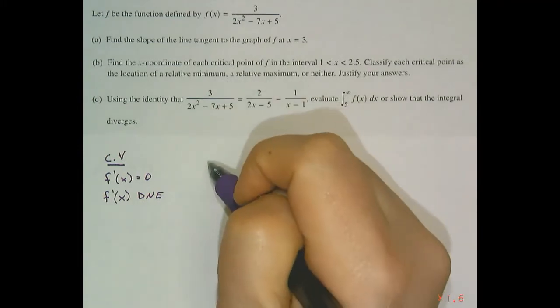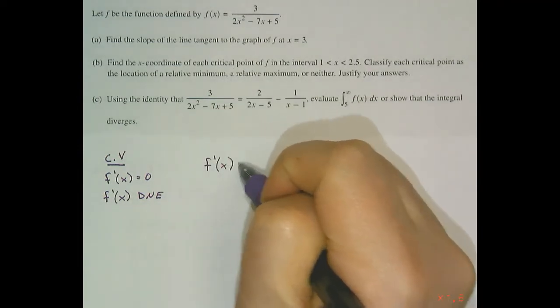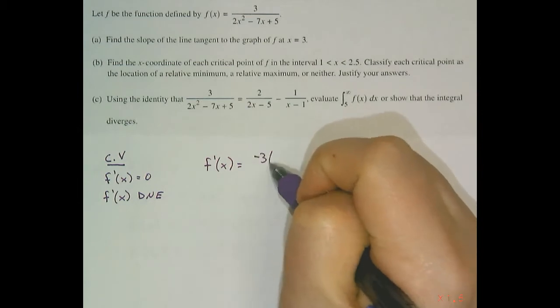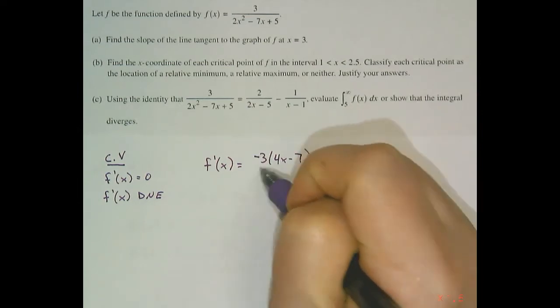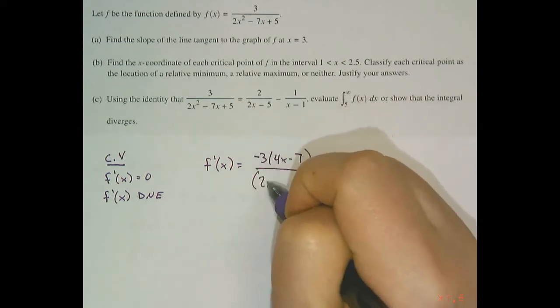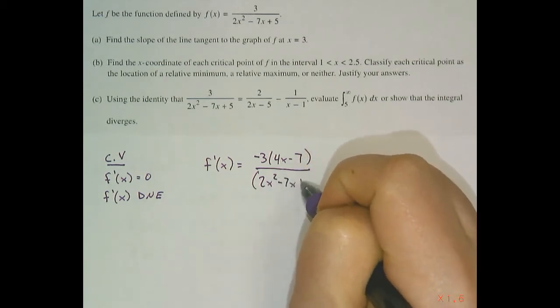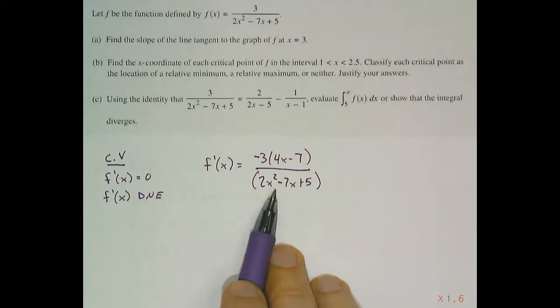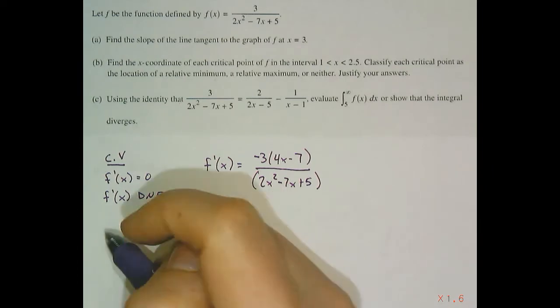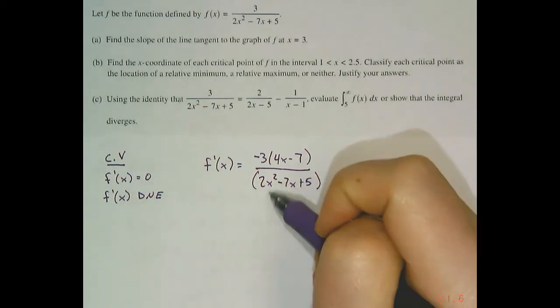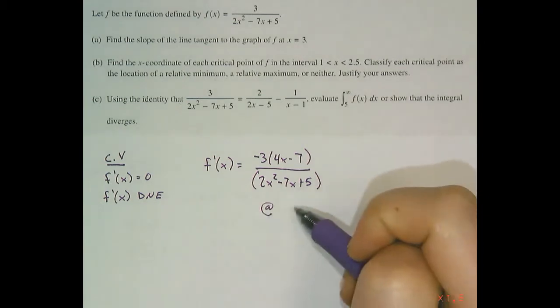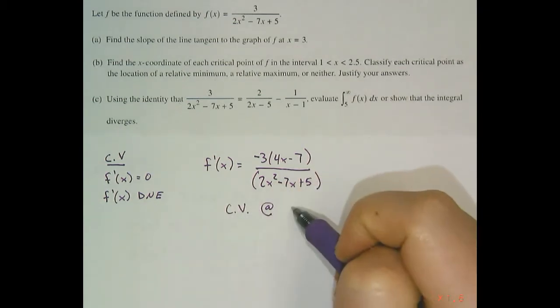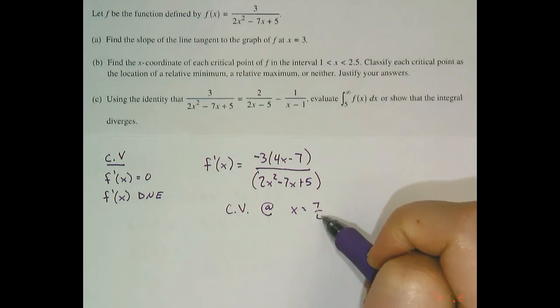Now we've already established that f prime of x is negative 3 times (4x minus 7) over (2x squared minus 7x plus 5) squared. So we're asking the question, when does this equal 0? So there is going to be a critical value, this equals 0, at x equals 7/4. Oops, I forgot the square there.